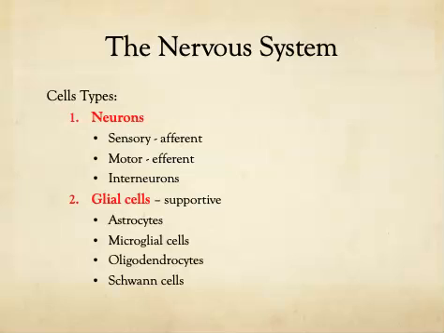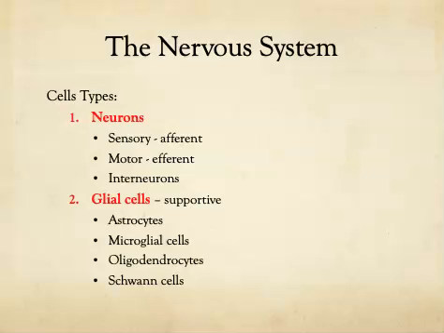But it turns out it doesn't matter where you are in the nervous system, whether you're in the central nervous system or the peripheral or any place within the peripheral nervous system. When you're in the nervous system and you zone in on cells, there are two types of cells that make up this very complex system.